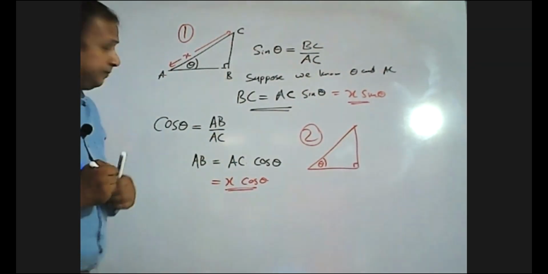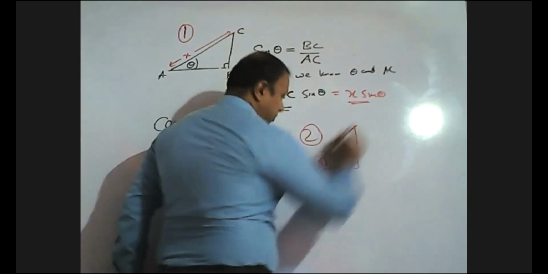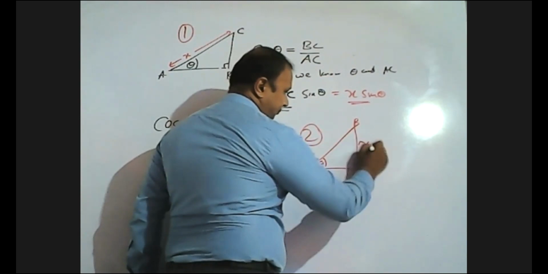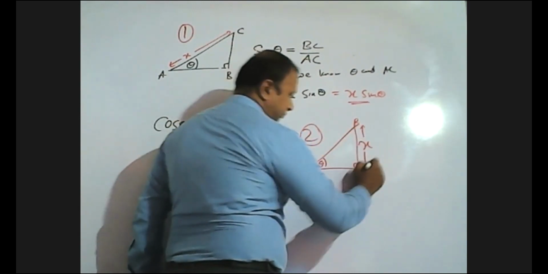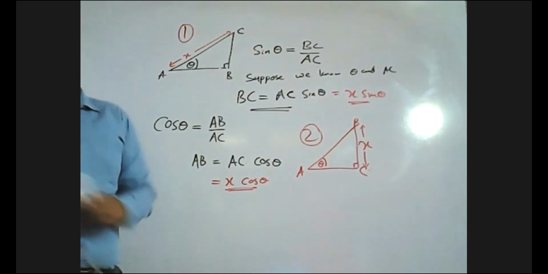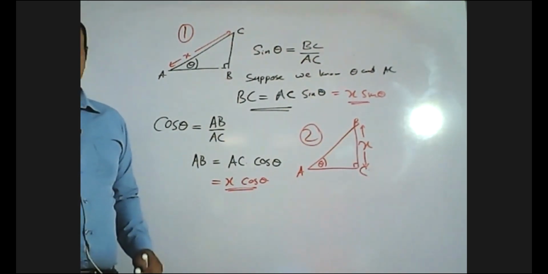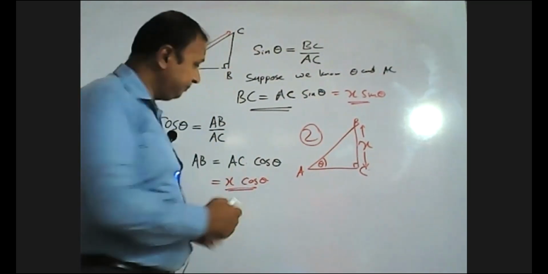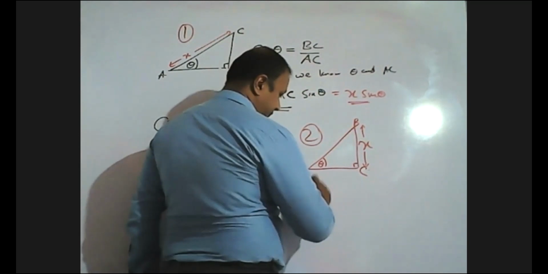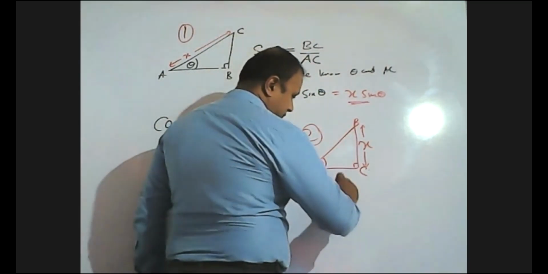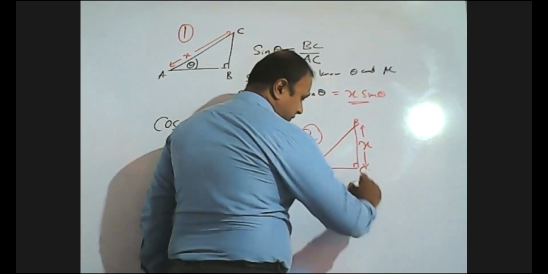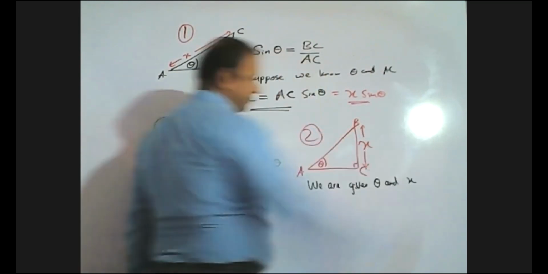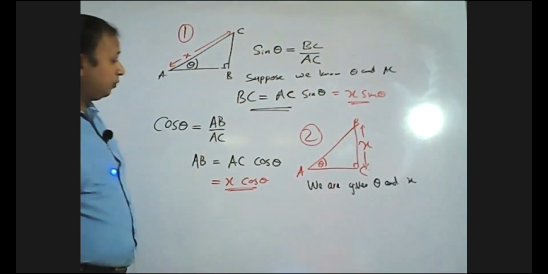Now you are given one of the adjacent or opposite sides, with the angle. Now we are given theta and x. So how to find the other two sides?